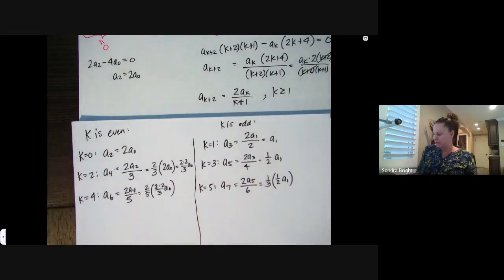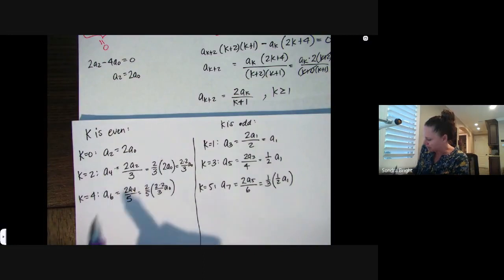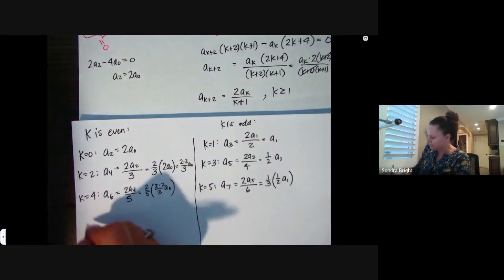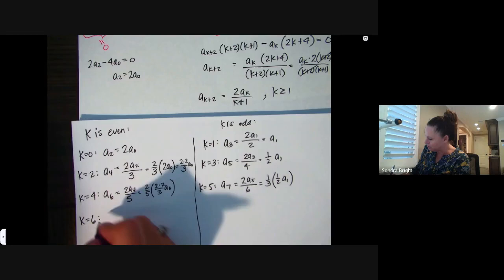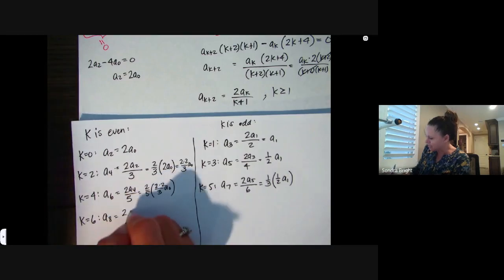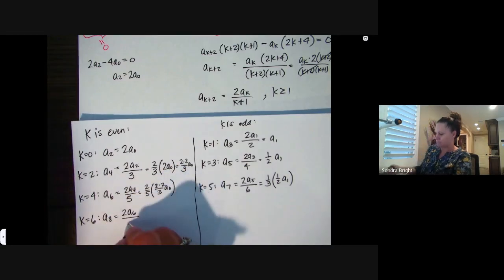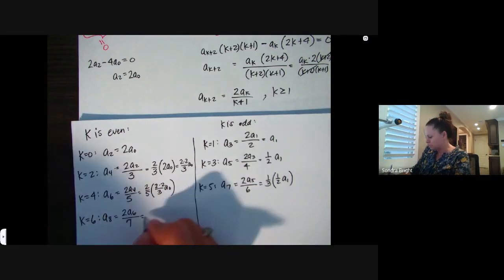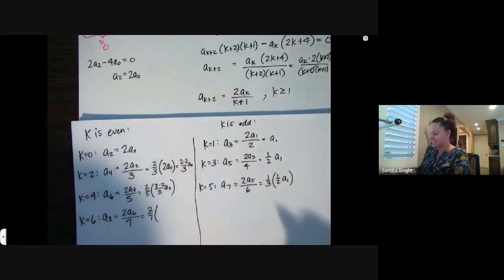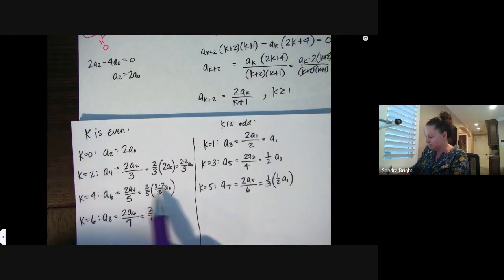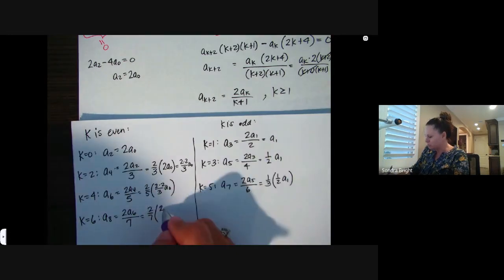Is that good enough? I see the pattern here, definitely. We could do one more. Well, let's do it. When K equals 6, you would have A8 is equal to 2A6 over 7. So that would be a 2 over 7 times A6, but we found A6 was a 2 times 2 times 2 over 5 times 3, and then A naught.